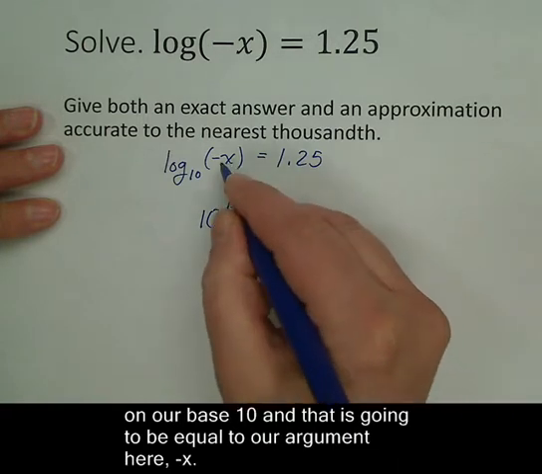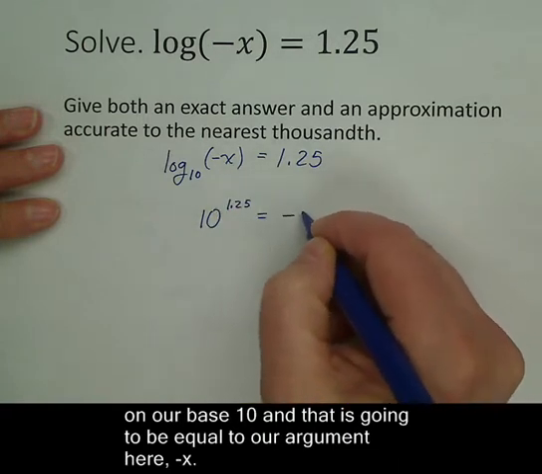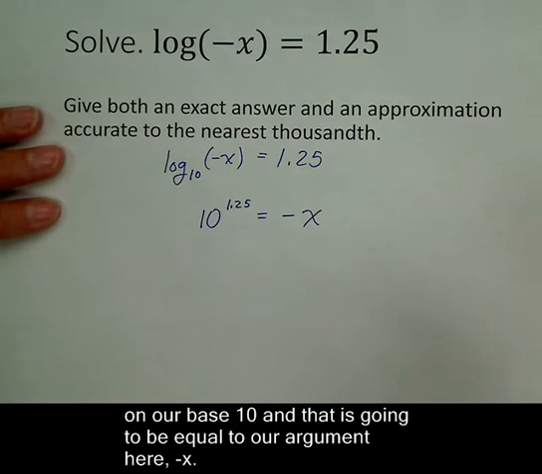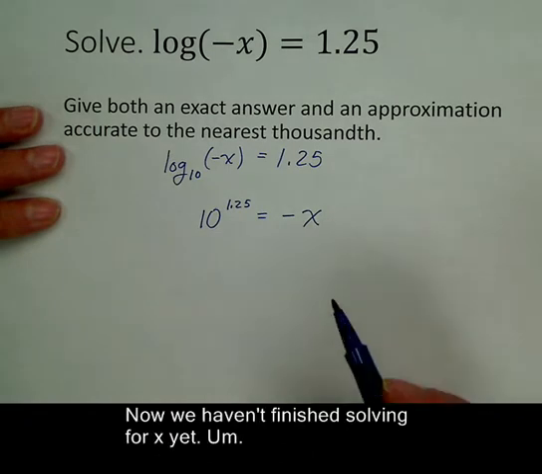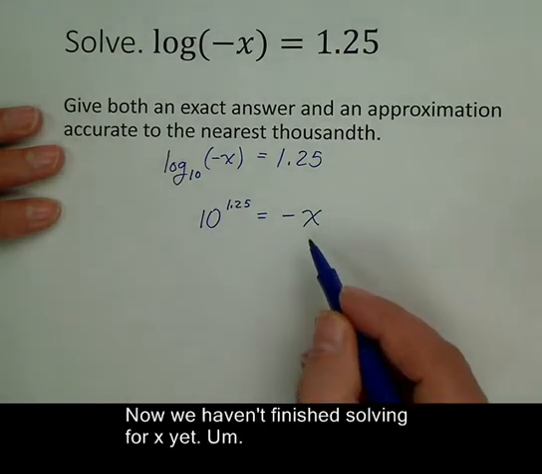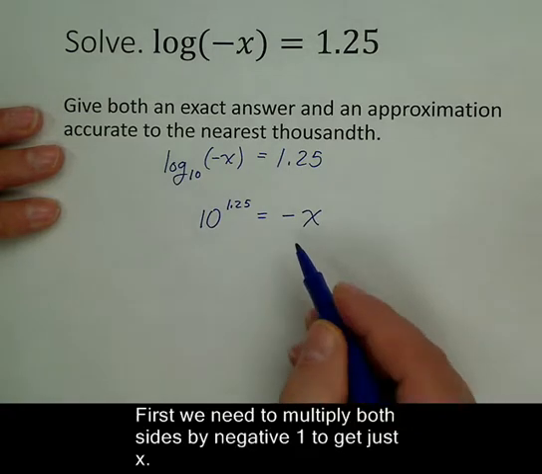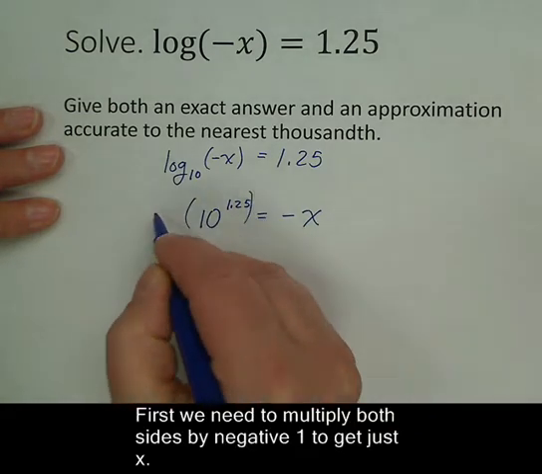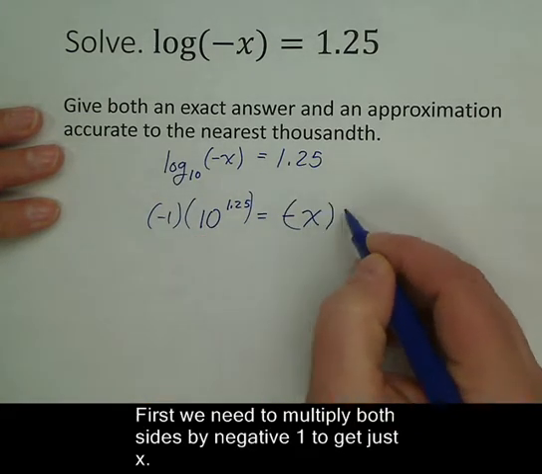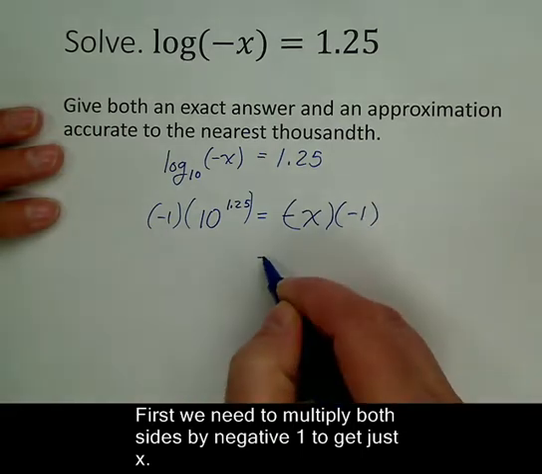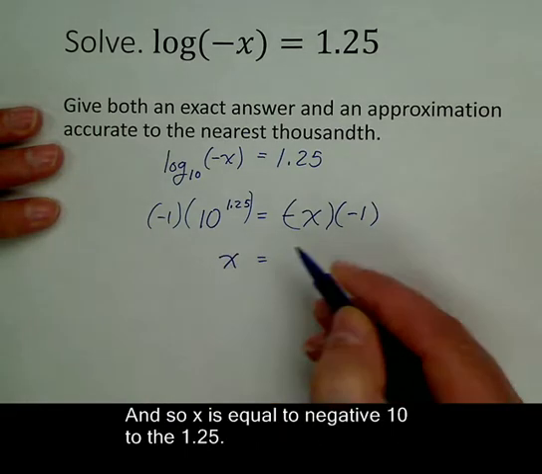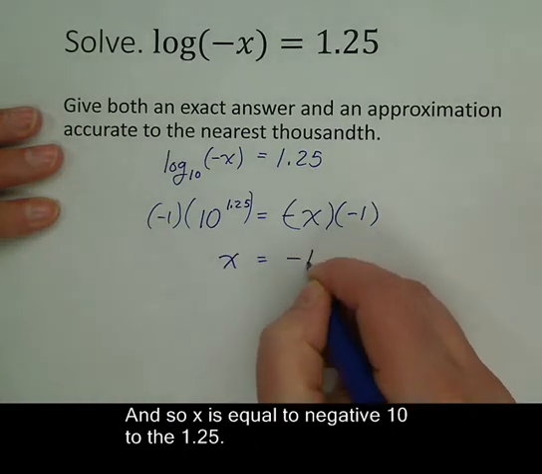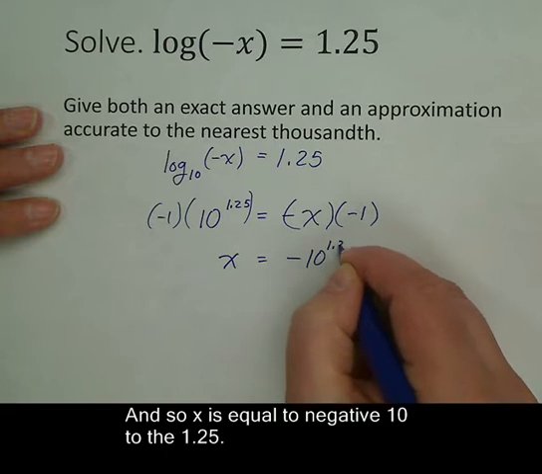And that is going to be equal to our argument here, negative x. Now we haven't finished solving for x yet. First we need to multiply both sides by negative 1 to get just x. And so x is equal to negative 10 to the 1.25.